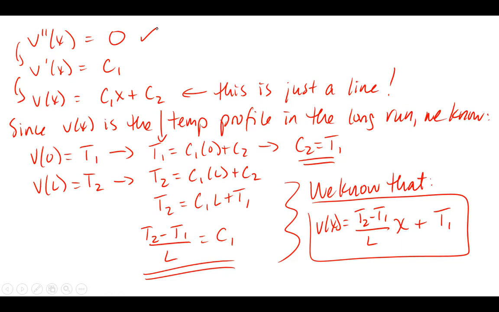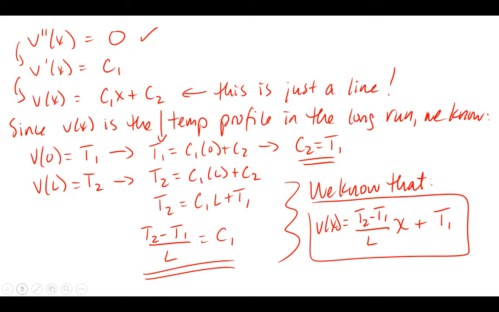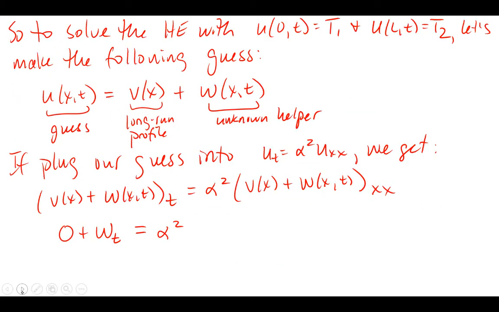We said in our little derivation that V double prime, the second x derivative of V, is actually 0. So maybe I'll put a star there.